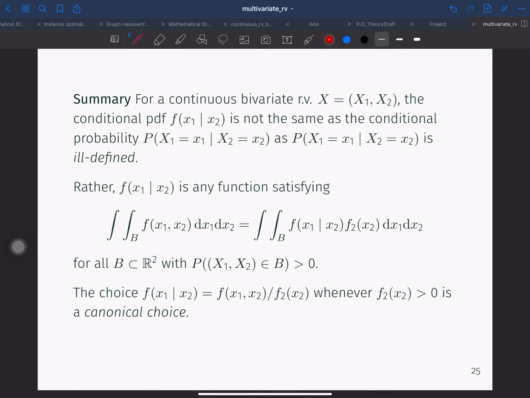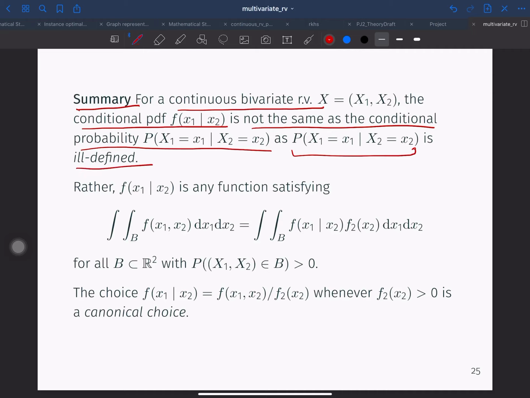So once again, summary: for continuous bivariate random variables, the conditional PDF is not the same as the conditional probability, because this conditional probability is ill-defined, just because the probability of x2 equal to little x2 is equal to 0.